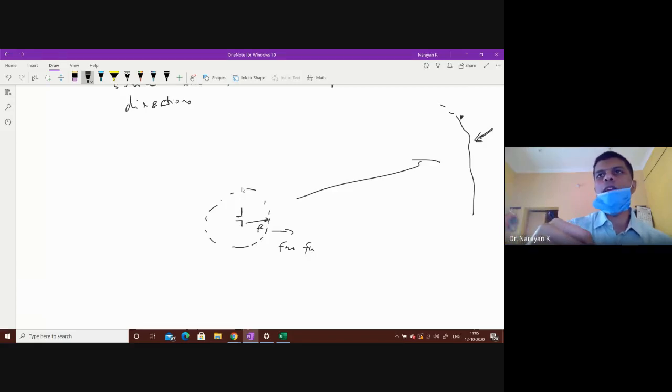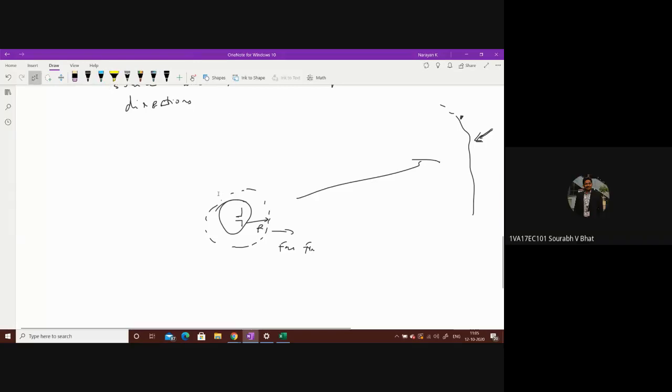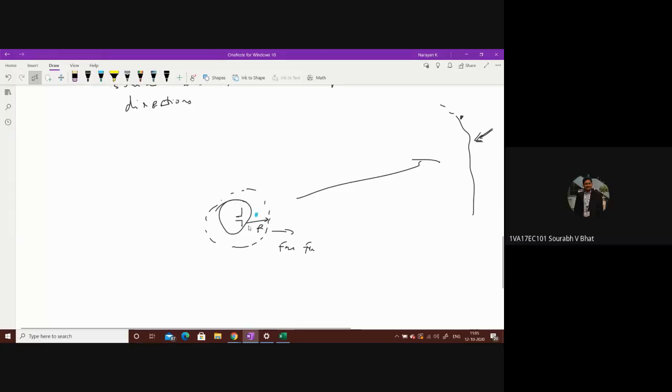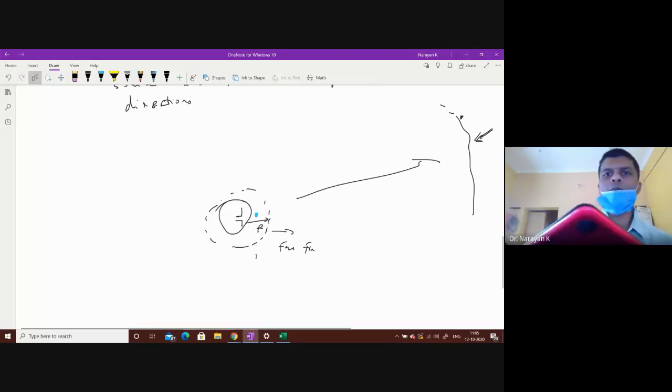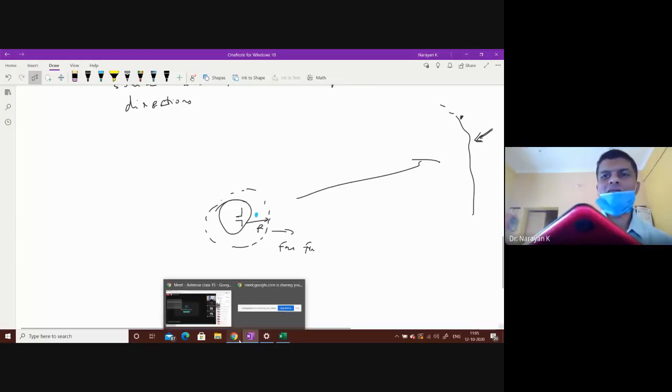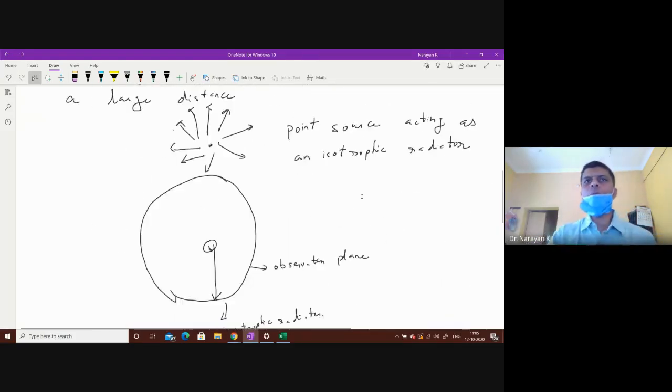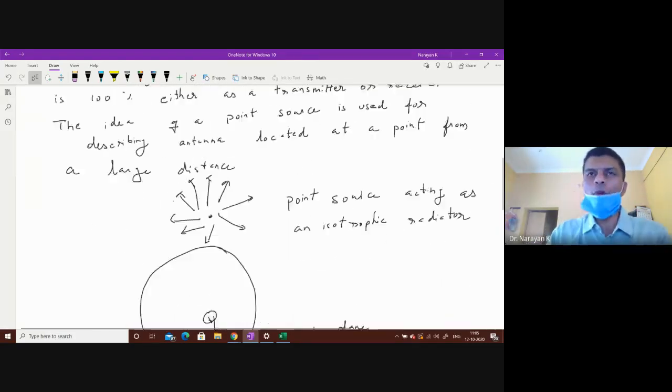What will this antenna look like for me? Yes, that will look like a point. So all of you got the point about point source.